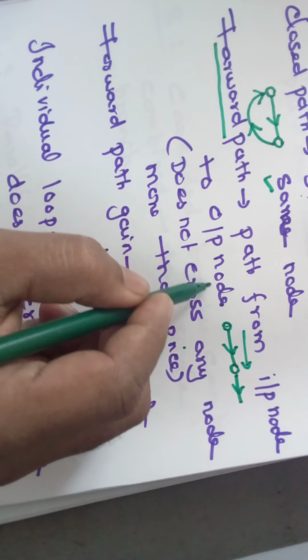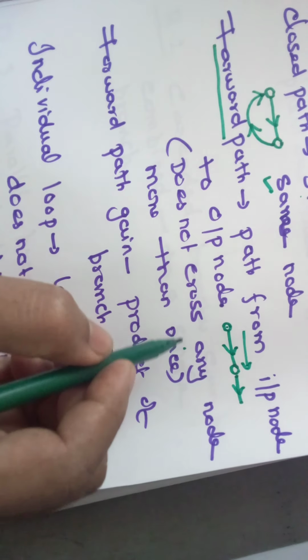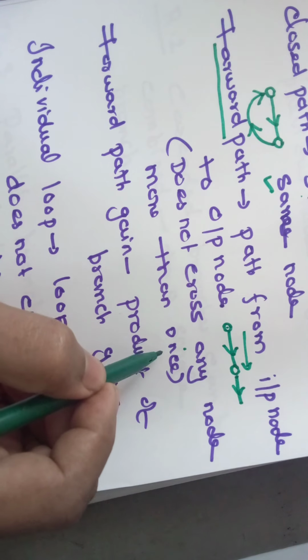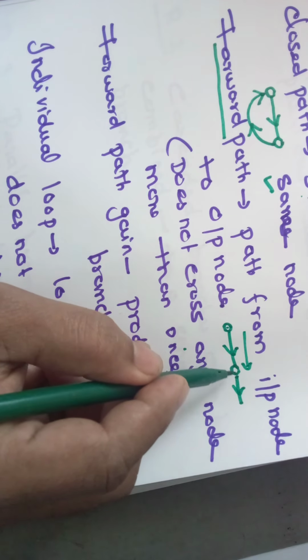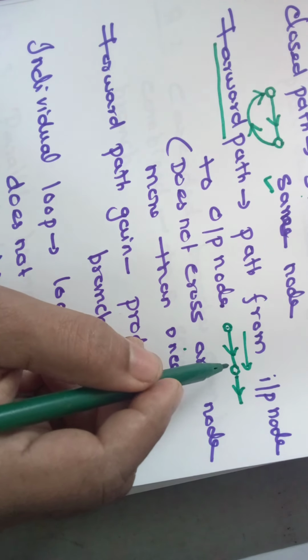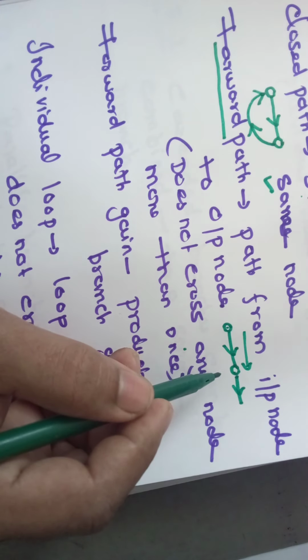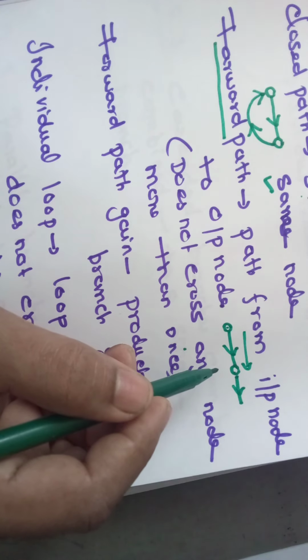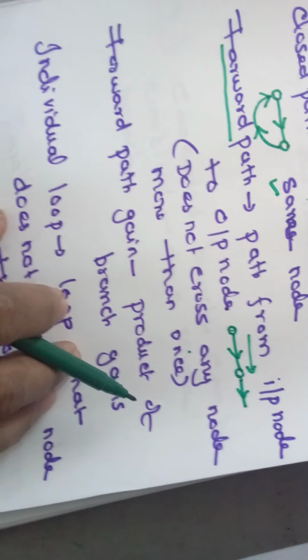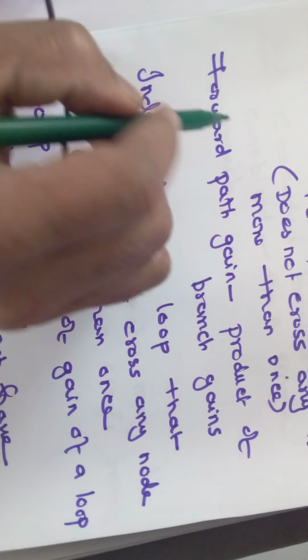A forward path does not cross any node more than once. It will cross any node only one time. So it is a path from an input node to an output node that does not cross any node more than once.